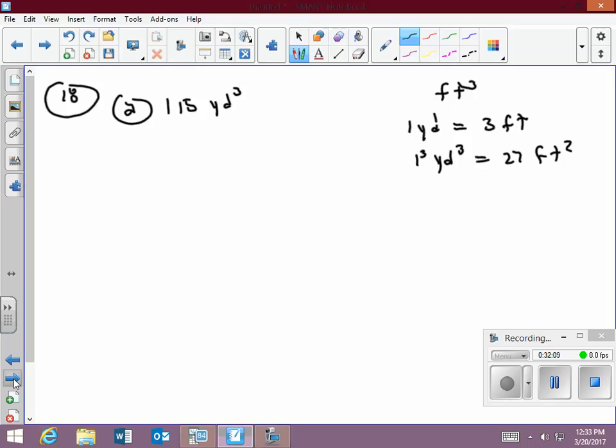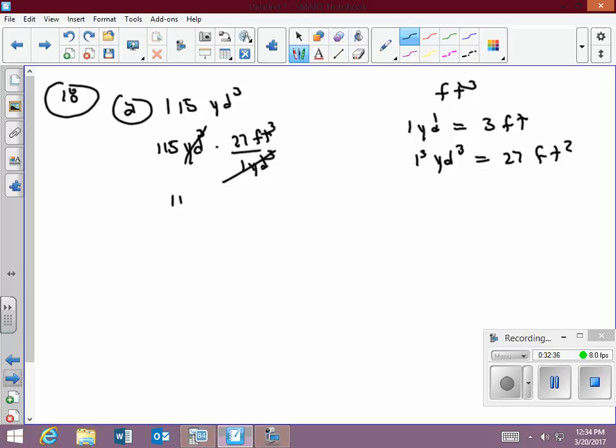So now if you want to have feet cubed, what do you have to do? 115 yards cubed times 27 feet cubed over 1 yard cubed. So your yards cubed go out and you're going to get feet.